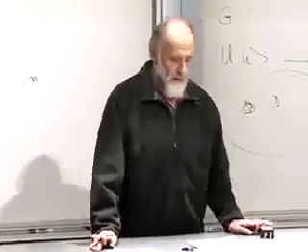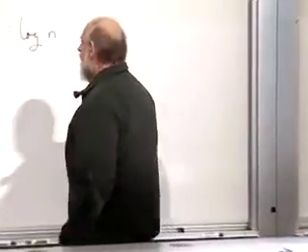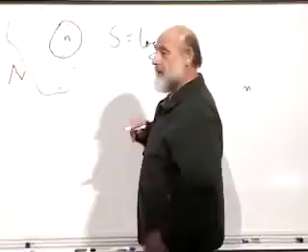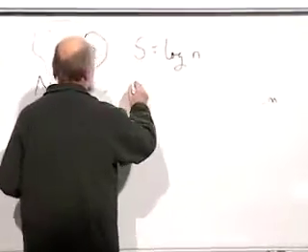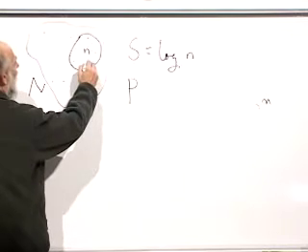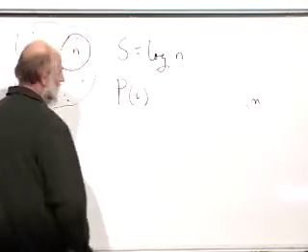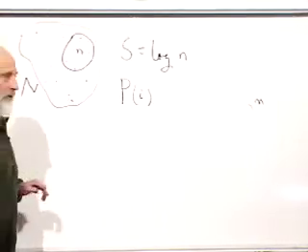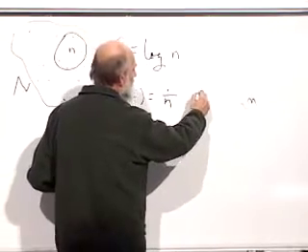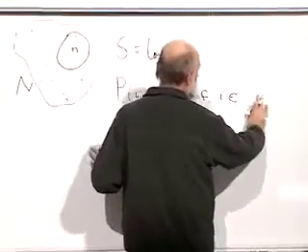Now, what happens if you have a more general situation? Incidentally, in this case here, let's write down some of the probability. Let's call these states i. The probability for the ith configuration is 1 over little n if i is in the subset n.